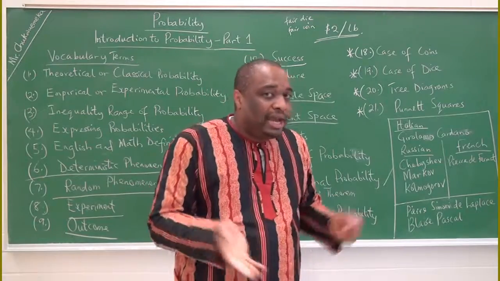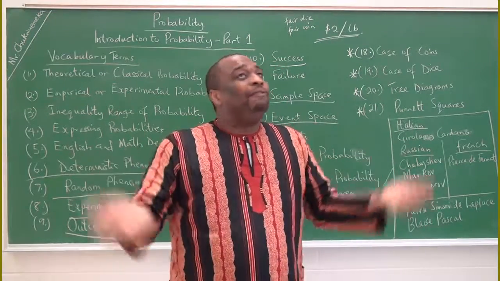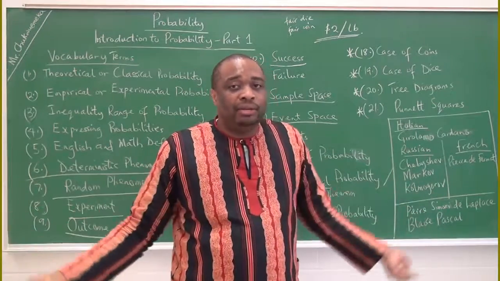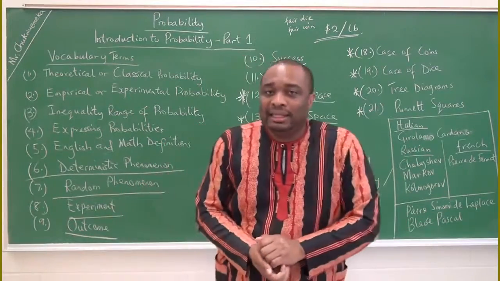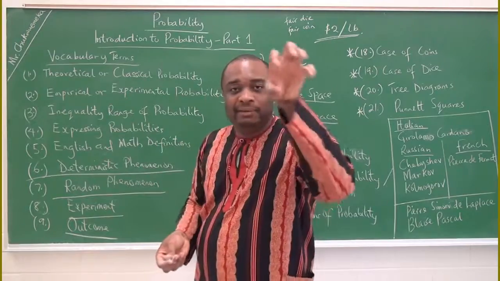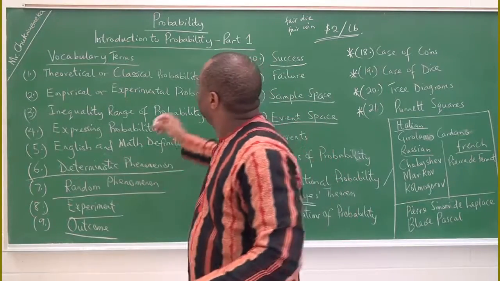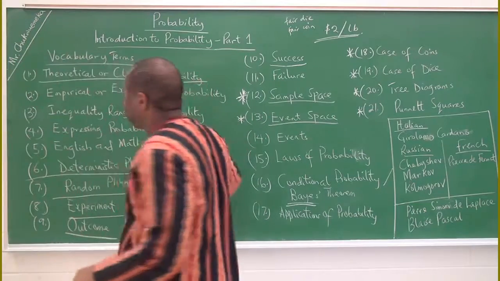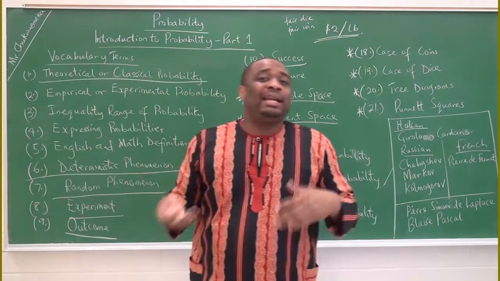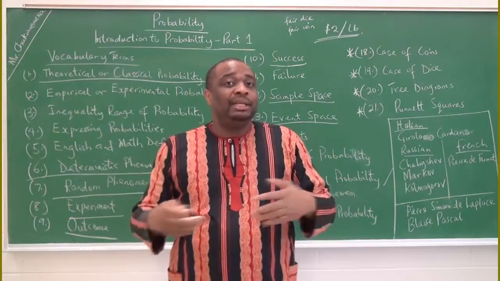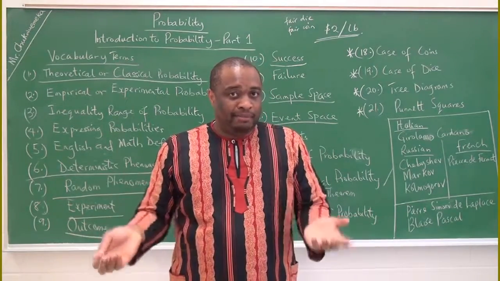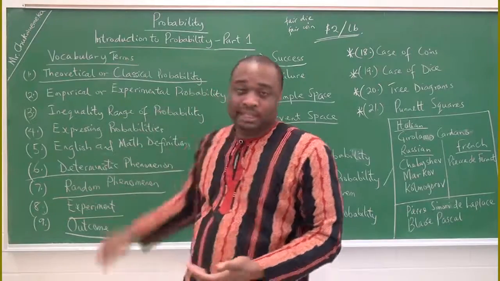If you just toss it, both of them have an equal likelihood of occurring. The probability of such events is what we call theoretical or classical probability, because we can calculate it just by mathematics, with a formula. Sometimes we call it mathematical probability.